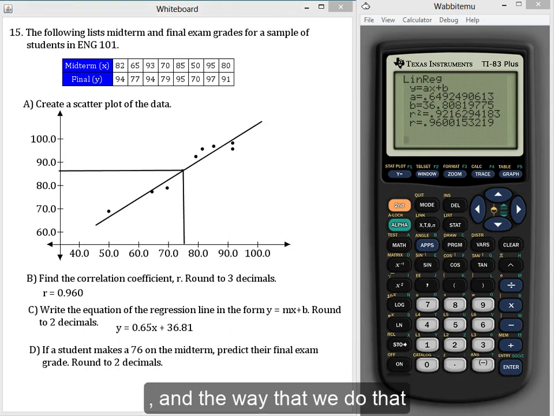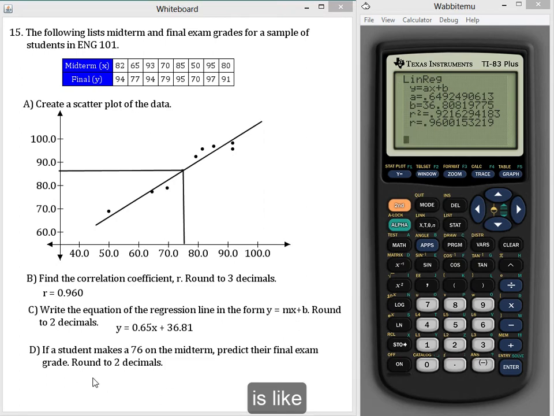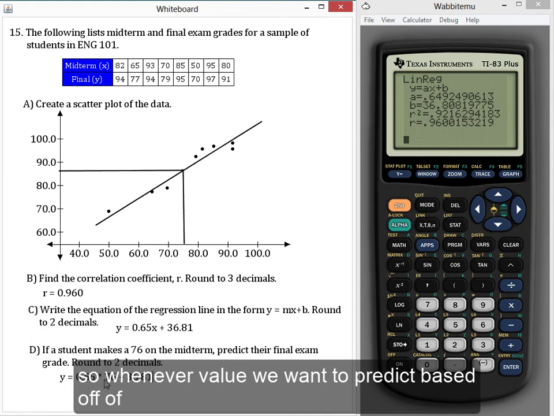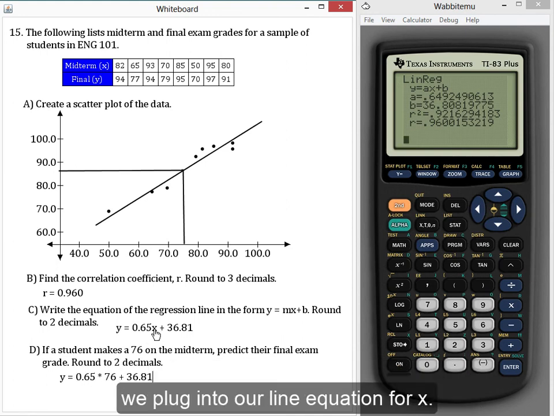And the way that we do that is we plug in 76 for x. So 0.65 times 76 plus 36.81. So whatever value we want to predict based off of, we plug into our line equation for x.